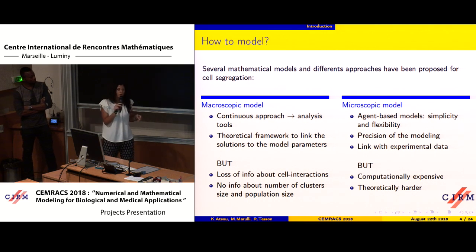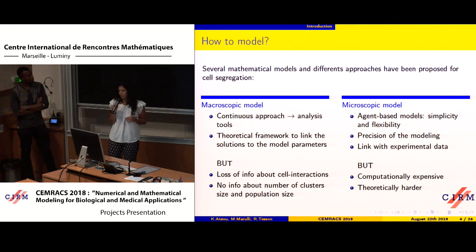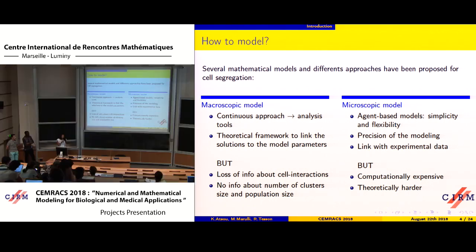So, for example, we don't know how many clusters we have, the size of the cluster, and the size of the population. And with regard to the microscopic model, when we have a lot of cells or particles, it's quite natural to consider our system as a complex network, a complex system. So the agent-based model is simple and more flexible for this reason, and also very precise because we have a direct link with the experimental data.